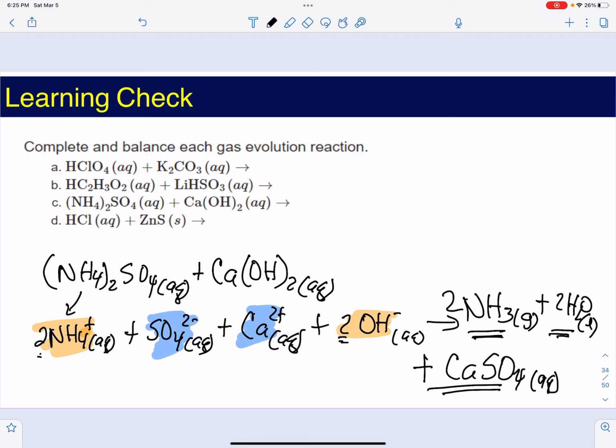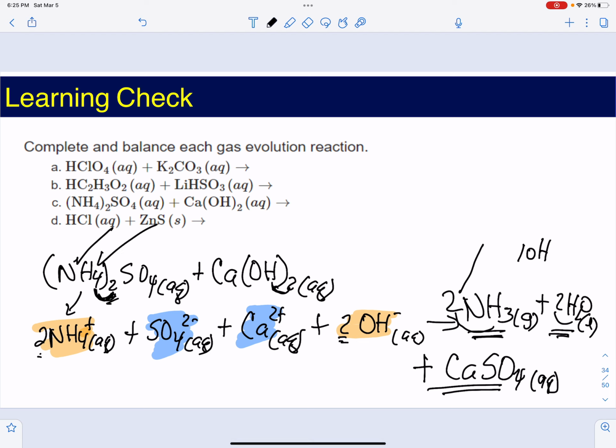So let's double check. We got two nitrogens on the right side, two nitrogens on the left side, 6 hydrogen. So altogether 10 hydrogens, 6 there and 4 there. And on this side, we're gonna have 8 hydrogens plus 2 hydrogens, so 10 hydrogens also.